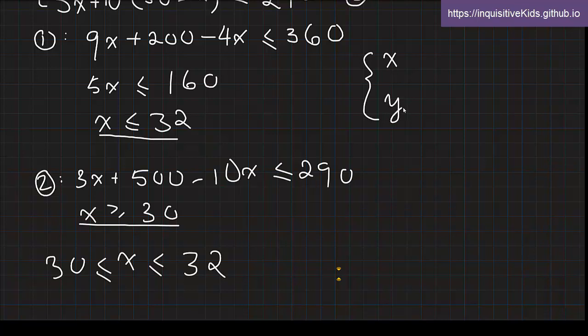Well, let's do A and B, right? So X represents A, and 50 minus X represents B. So A can be 30, 31, 32. And right now I'm writing it this way, separating them with commas.